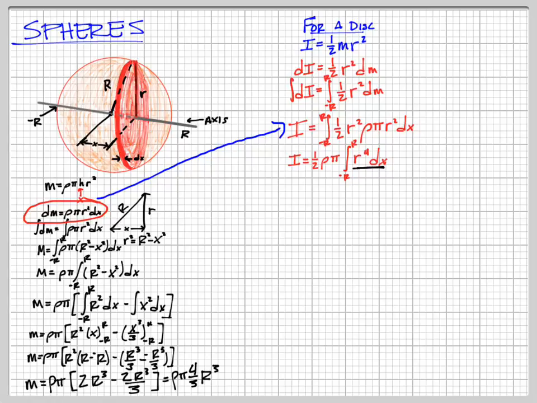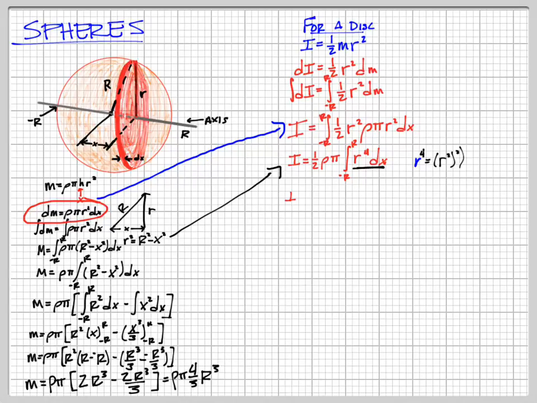Now, this is a problem, having r to the fourth and dx in there together. So we're going to use the same expression that we used before, but that was for r squared. What we're going to look at is r to the fourth is equal to r squared squared.